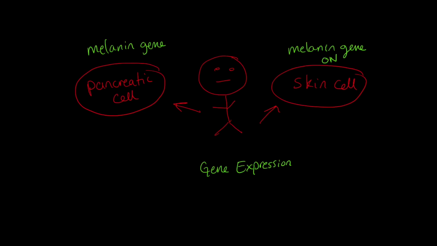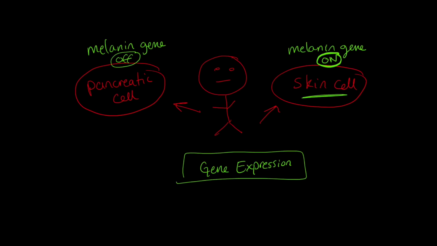Pancreatic cells, they don't need melanin, so it will be switched off. فلأن خلايا الجلد تحتاج الميلانين، فراح يكون الجين on، راح يكون يشتغل. لكن خلايا البنكرياس ما تحتاج الميلانين، فراح تسوي له switched off. يعني هو موجود كشفرة، موجود in the DNA في البنكرياتيك cells، لكن it's switched off. فهذا معنى الجين expression. Gene expression means that genes can be switched on or off.